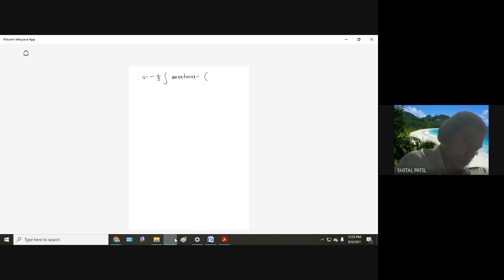One plus tan square. Correct. Now this is an integrable form. Minus minus plus dx.